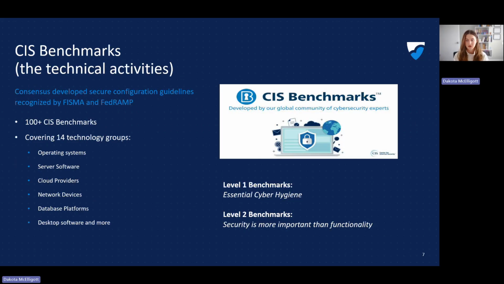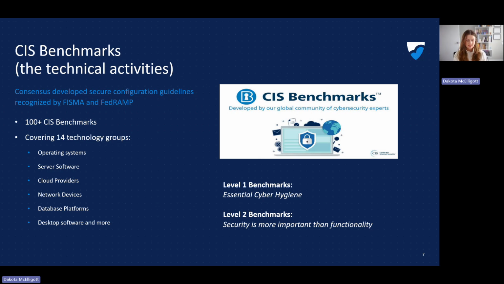So now that we have talked about the controls as that overarching umbrella, we can shift into the technical side, which is the CIS benchmark. This is where CIS gets, I would say, extremely prescriptive. So CIS benchmarks are consensus developed secure configuration guidelines.